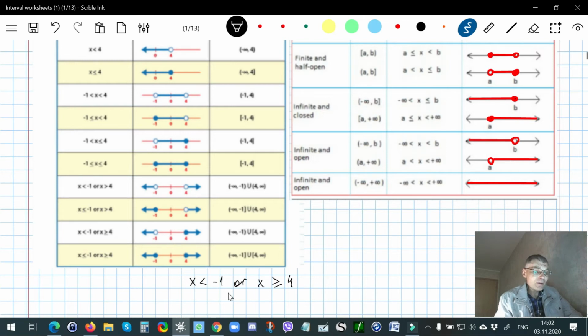It can be written in another form. I could draw such a big square bracket, and it means exactly OR.